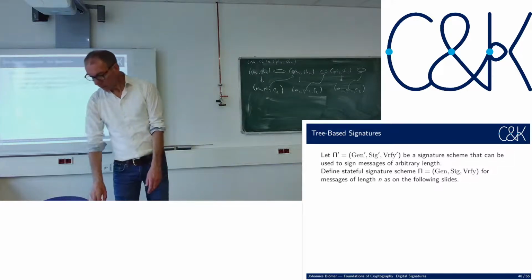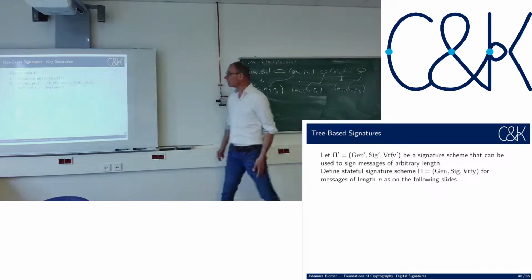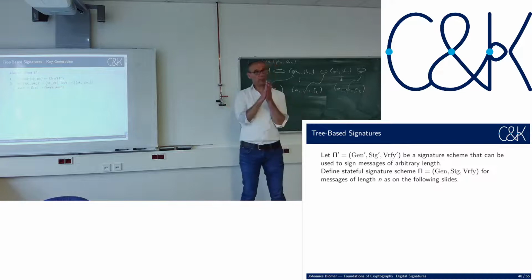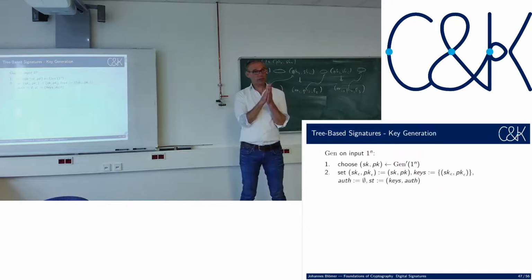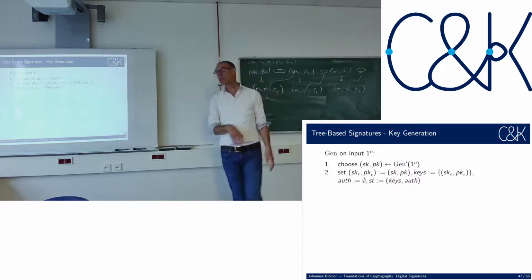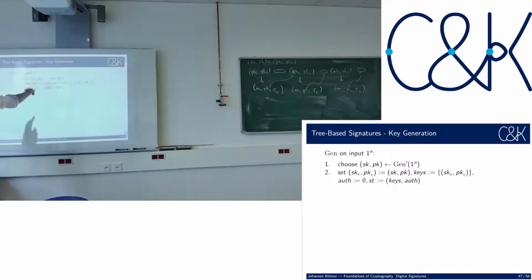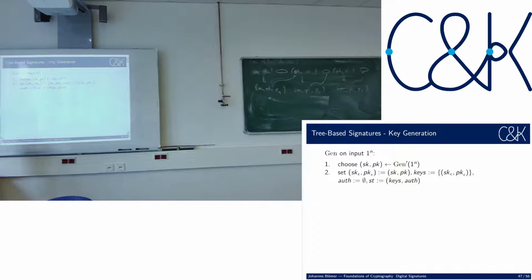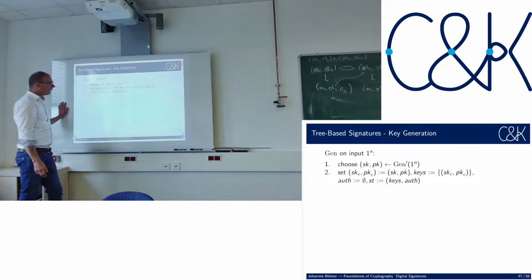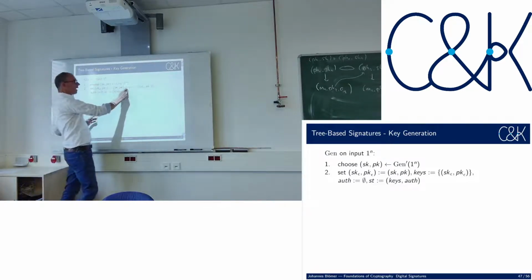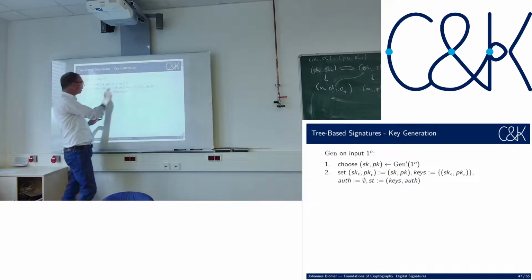Okay, so the tree-based signatures. Key generation algorithm, stateful signatures: we generate the keys and we generate the initial state. As in the chain-based one, our key generation uses simply the key generation of our original scheme pi prime. And then it also has a list of keys as before.